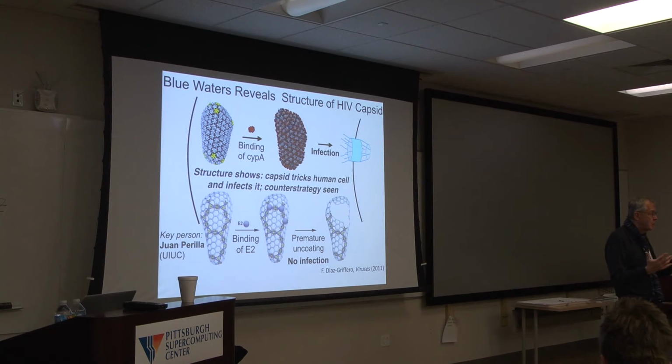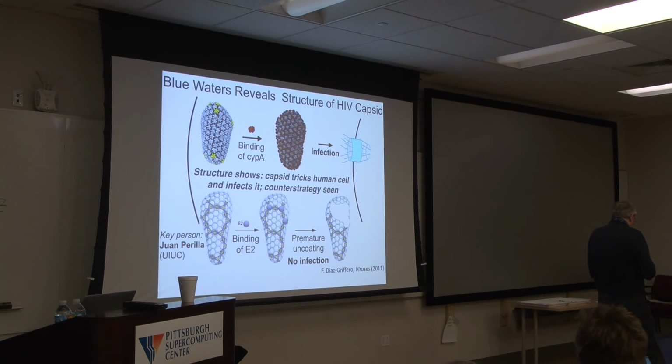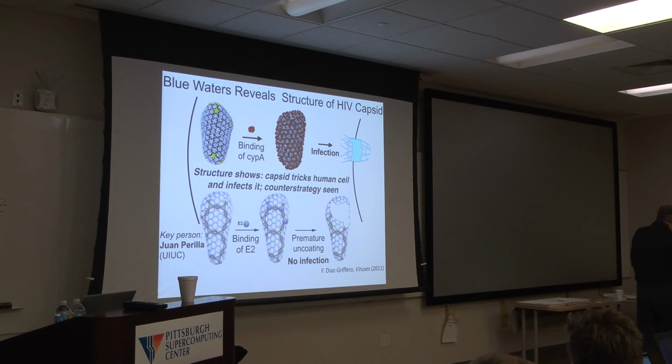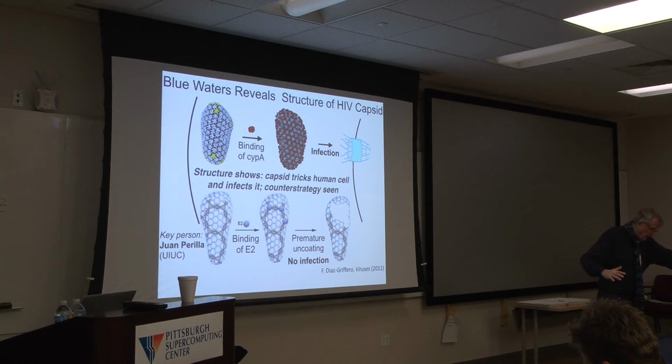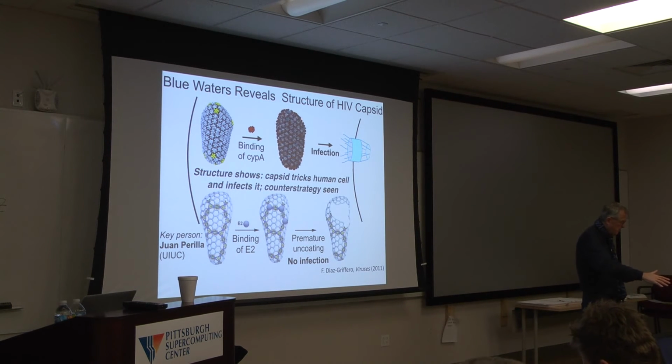Why do we need a computer? Very simple. The data that go into getting the structure of this capsid are what you call multimodal. They come from different kinds of experiments, from NMR structure analysis, from crystallography, from electron microscopy, and even different kinds of electron microscopies.